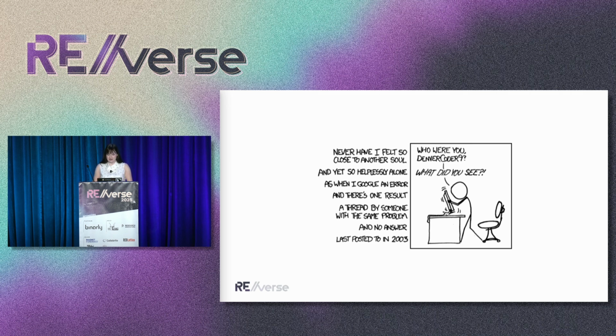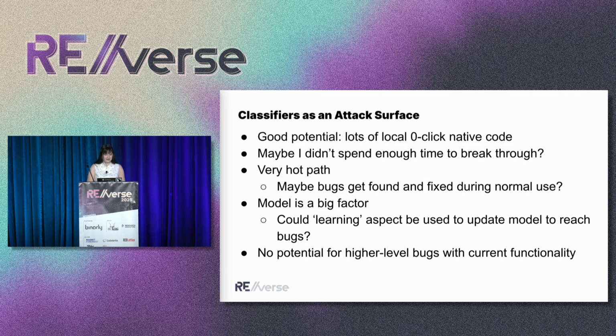So I think that's kind of the real potential here, that maybe one day there's a bad model, or maybe with more time, someone could use the learning aspect, send the right stuff that will make the model learn for long enough that it gets into a bad state, and then they send the final message that leads to memory corruption. I think that's a possible research area that I didn't really look into.